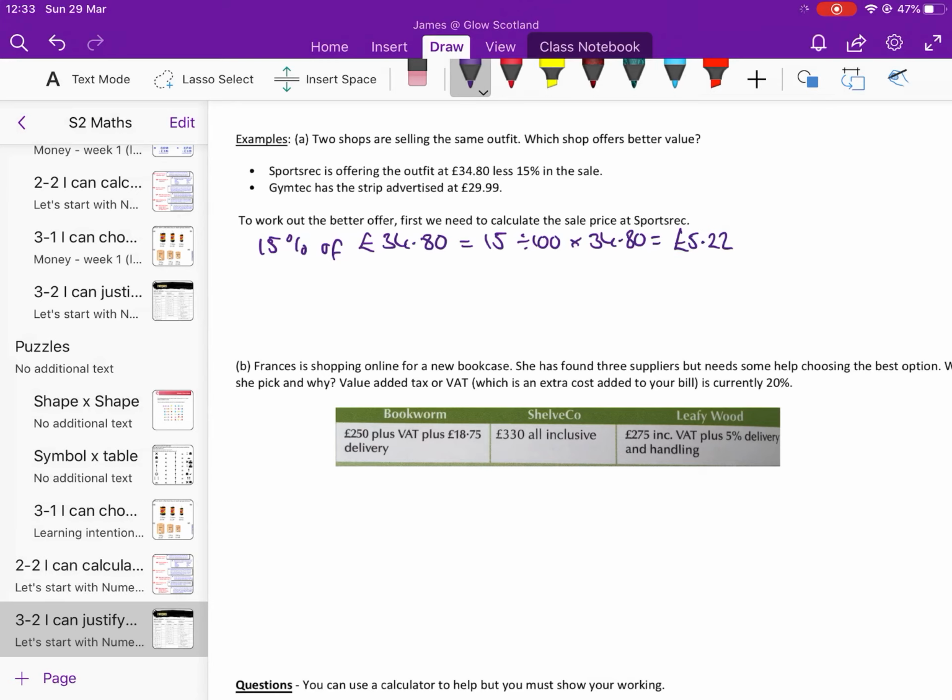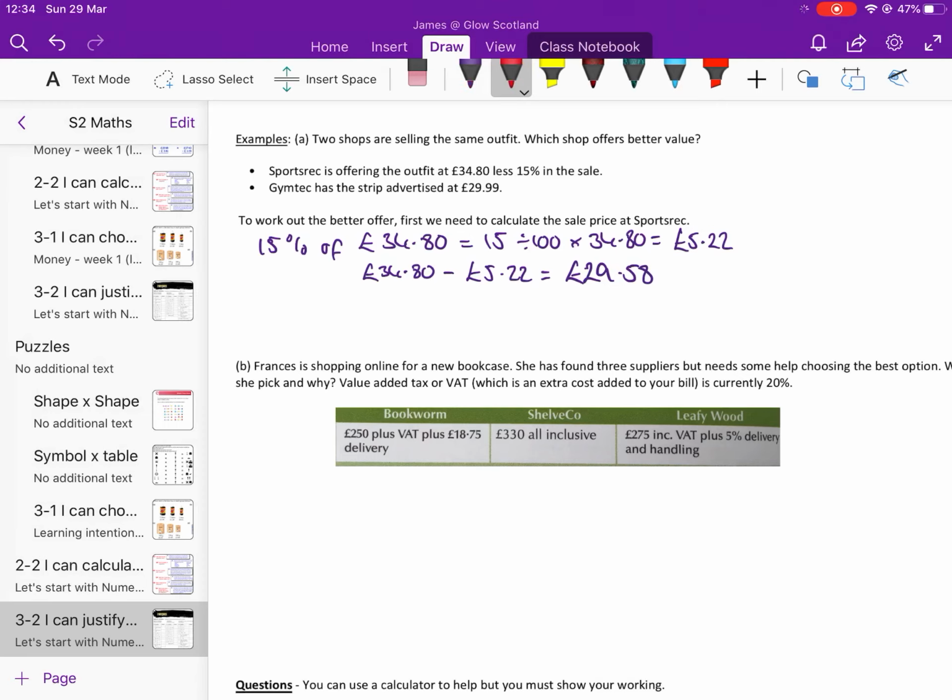Now I'm going to need to take that £5.22 away from the original cost to get the actual cost of the item. So it's £34.80, because I'm getting 15% off, take away that £5.22. Again, you can pop that in your calculator, and that gives us £29.58.